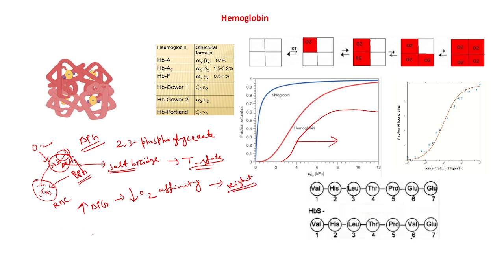So at high altitude, like if you go to the mountain, the BPG concentration increases. Because the BPG concentration increases, it binds more and more hemoglobin. That means there is very little scope for the binding of oxygen to the hemoglobin.